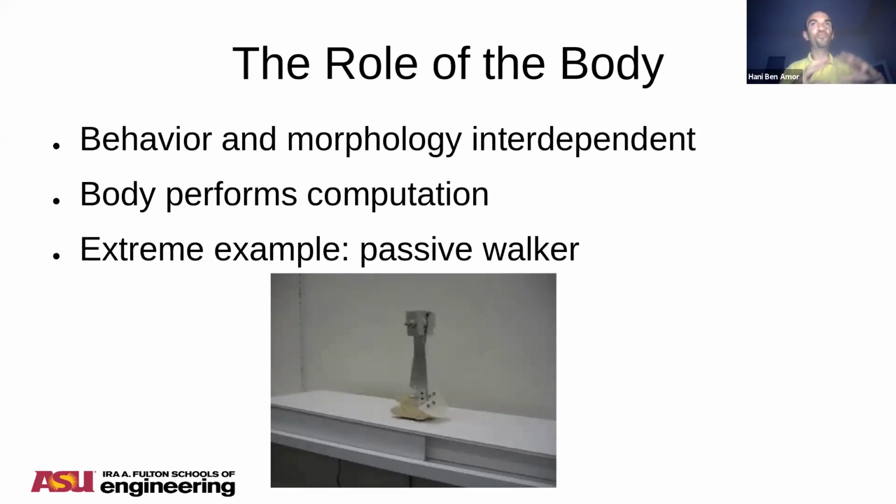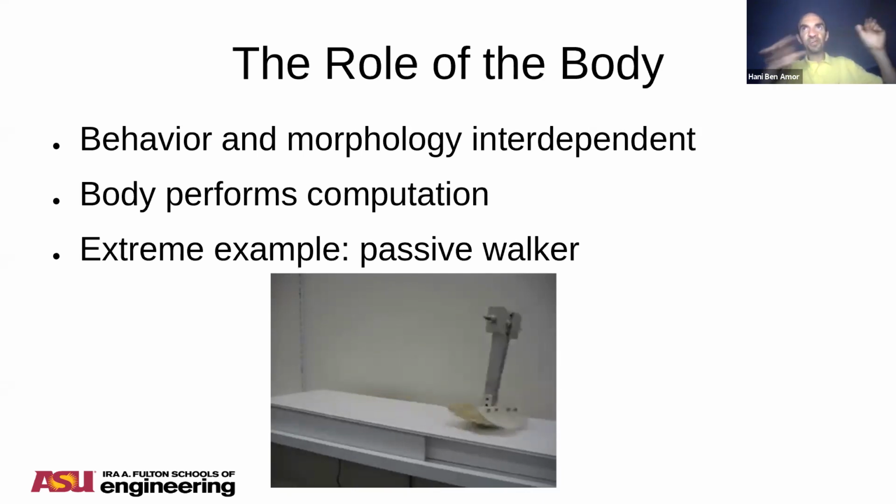So many times we buy a robot, even in universities. We buy a robot from Boston Dynamics or one of these hardware manufacturers, and then we try to program it and bring the intelligence in using software. But actually a lot of the intelligence is in the hardware itself and the way you build the robot. Here, for example, we see what's called the passive walker. What you see there is nothing but two pieces of metal attached to a curved piece of plastic at the bottom.